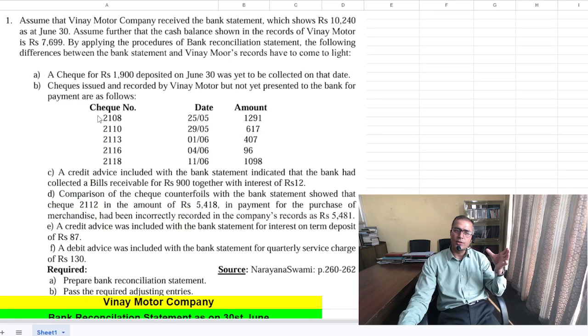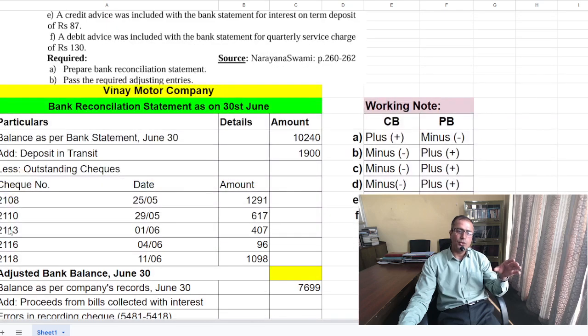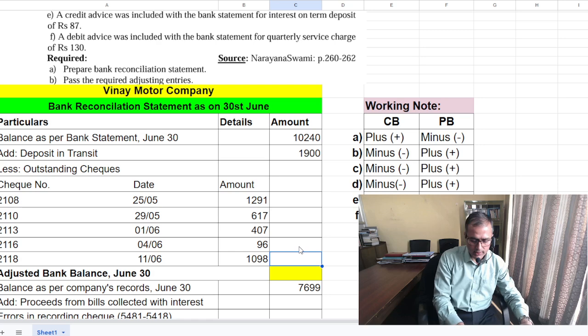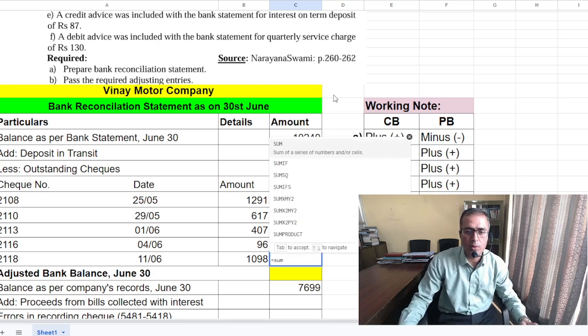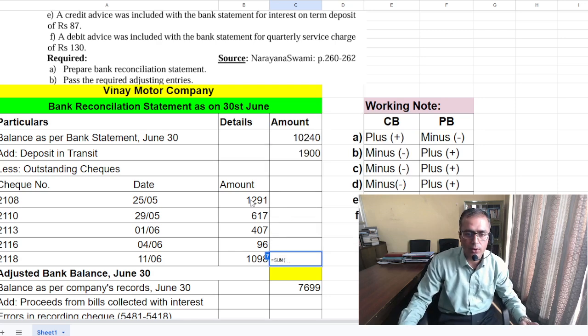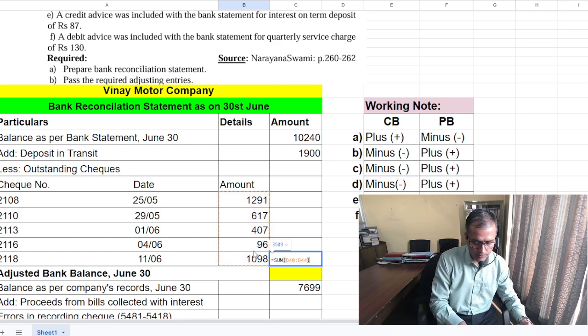Now what about the outstanding check? We have checks outstanding, meaning checks issued but not presented for payment, and we have different check numbers, dates, and amounts. So it would be good to provide all the details, and you add all the amounts here. You can use the sum of all these values.